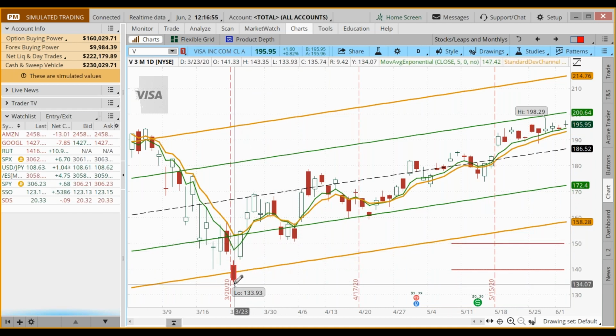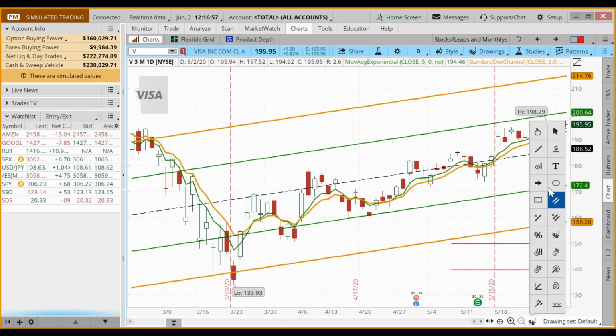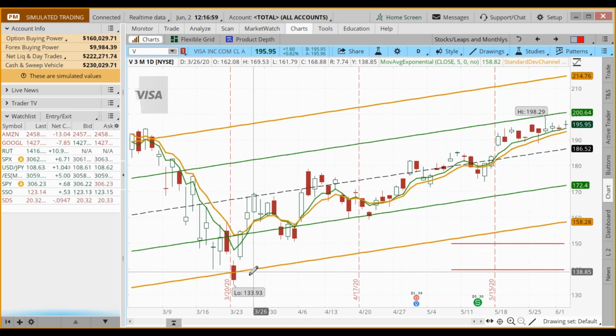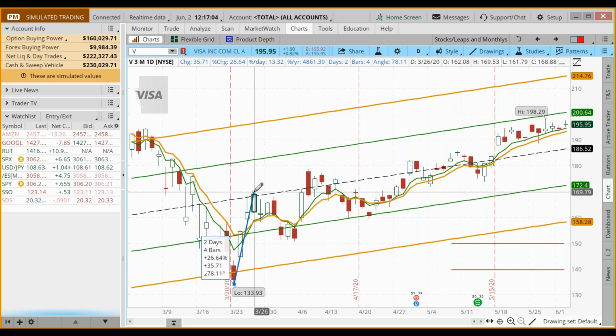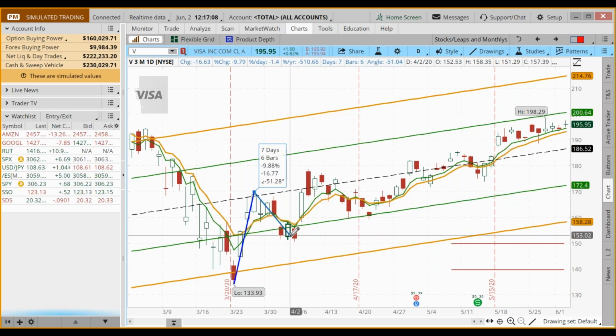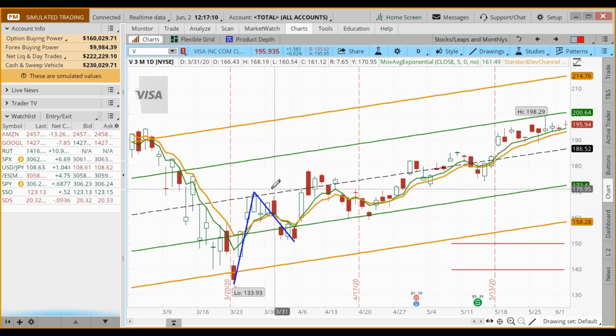So what you've got here is the low, and this is a higher low. The first measured move goes from here to here, from there to there, and then it makes a measured move right here. All right, that's the entry point right here on Visa.